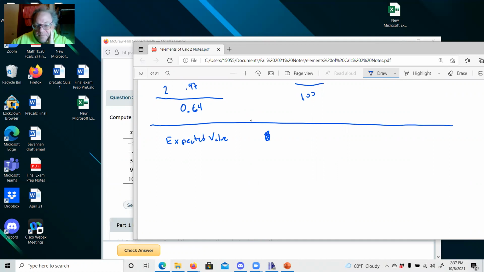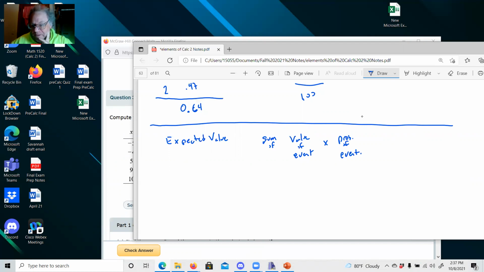We're going to add up the sum of the value of the event times the probability of that event. That's what expected value is. It's the value of the event times the probability of the event.